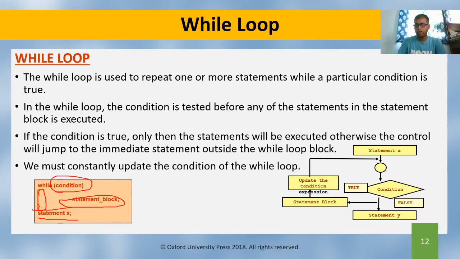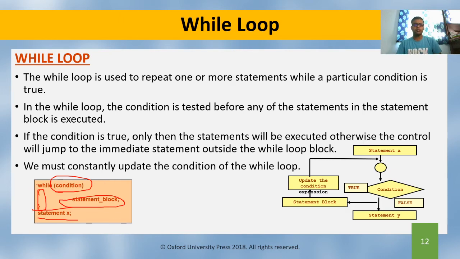If it is true, it goes to the statement block, updates the condition, and goes back to the joining portion where statement X is present, and if it is false, then it goes to statement Y.